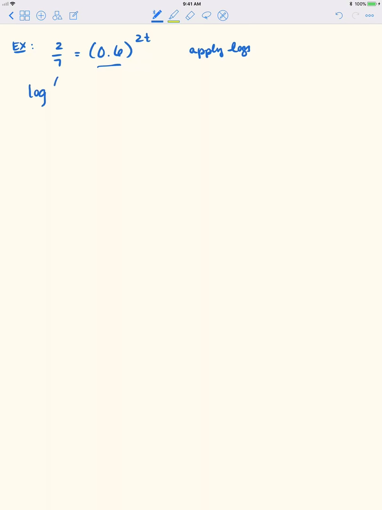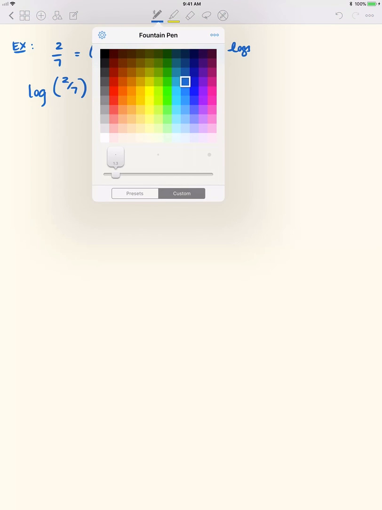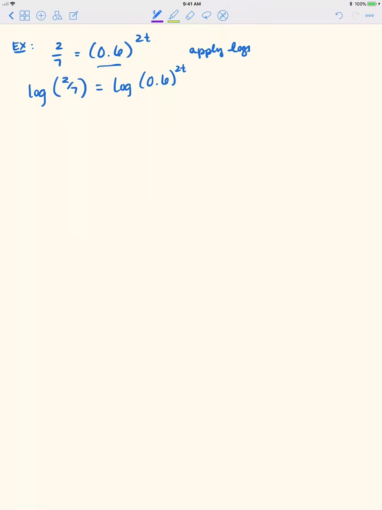So again, I'm just going to use common logarithm. The log of 2/7 equals the log of the 0.6 to the 2t. The 2t is the entire exponent, so that will allow me, using logarithm properties, to bring that 2t down and make it a product times the log of 0.6, and that equals the log of 2/7.